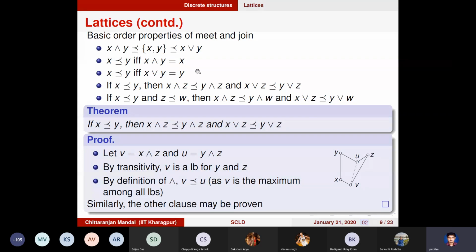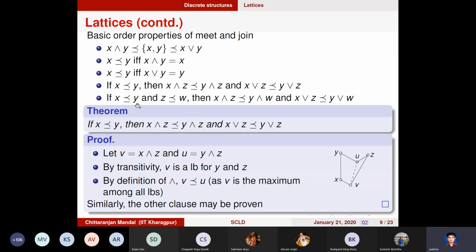So this we have already shown, and these are basically by definition. This is important. This is the transitivity property. That means if x is less than or equal to y, then x meet z is less than or equal to y meet z. Similarly, x join z is also less than or equal to y join z. Now, this is not the transitive, this is the kind of absorption property. So similarly, this is a transitive property.